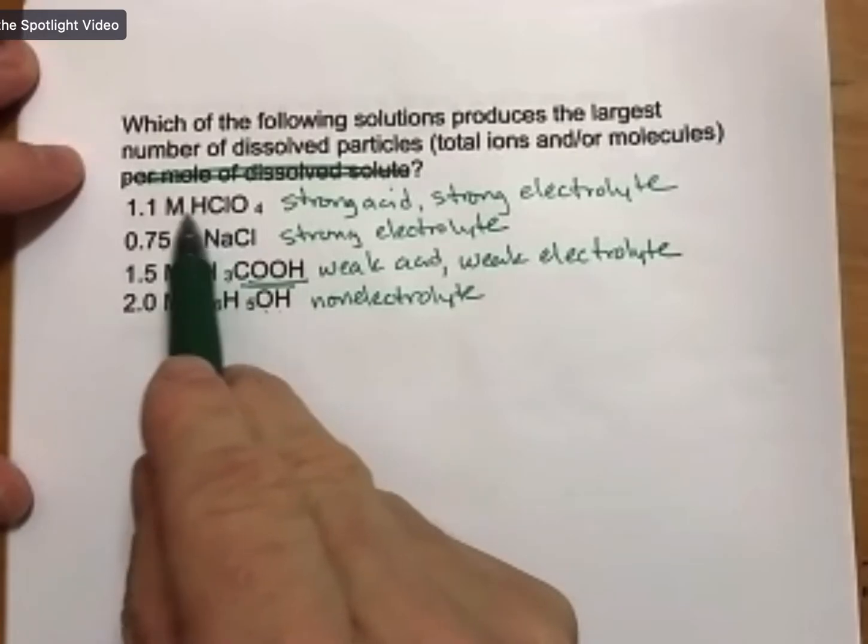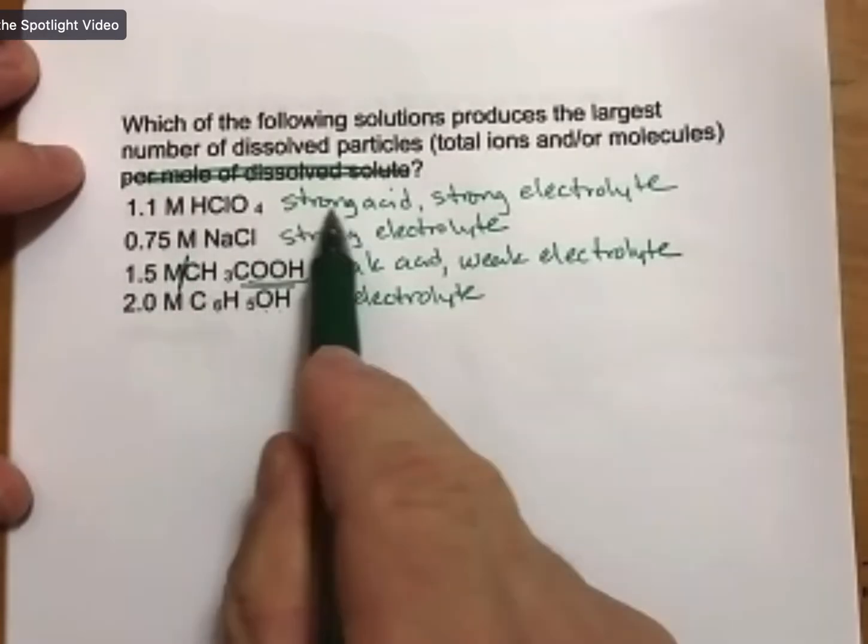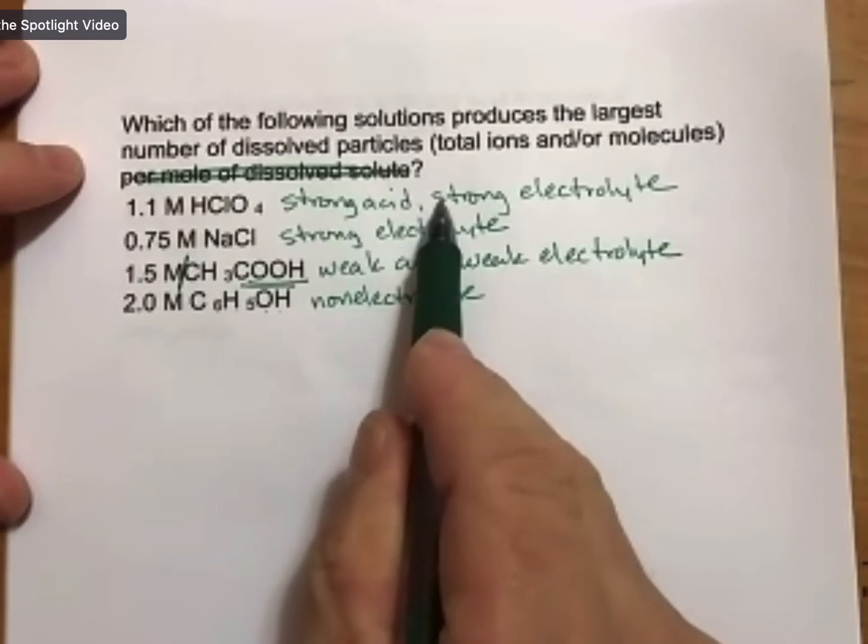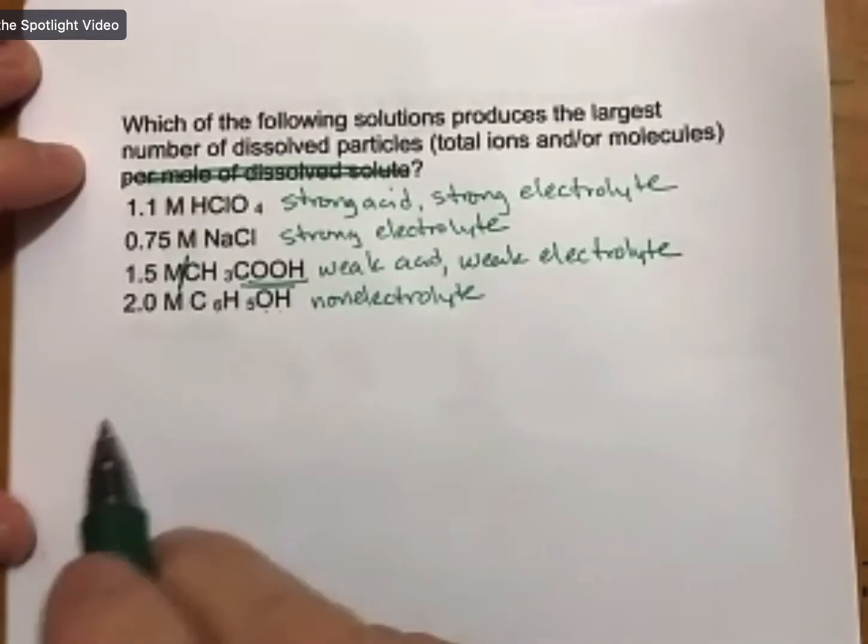we know that the HClO4, strong acid, strong electrolyte, breaks up 100% into ions.